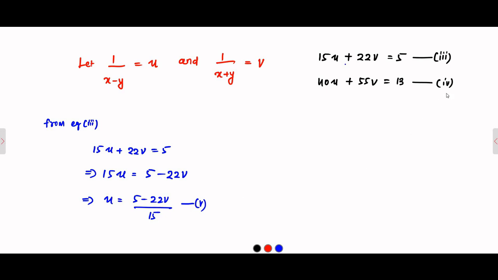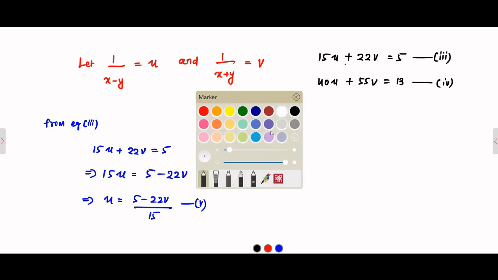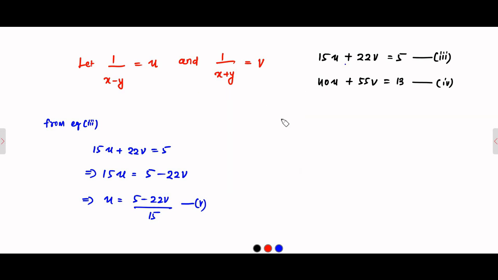Now we will substitute this in equation 4. We have got this from equation 3. We'll substitute it in equation 4 in place of u. So when we make the substitution, we have 40 into (5 minus 22v) by 15 plus 55v is equal to 13.